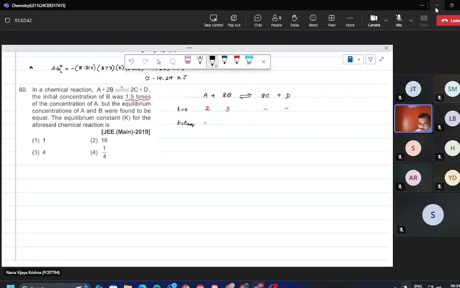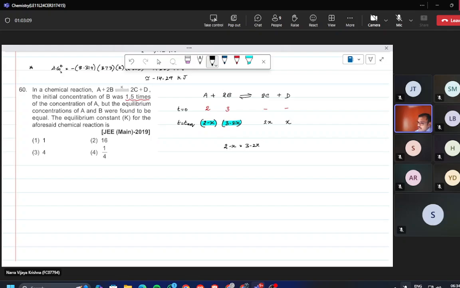Then can I write A as 2 minus x? Then B becomes 3 minus 2x, because if 1 mole of A reacts, B will react 2 moles. Then here it will be 2x, and this will be x. What did they say? Equilibrium concentrations of A and B are found to be equal, means 2 minus x equals 3 minus 2x.